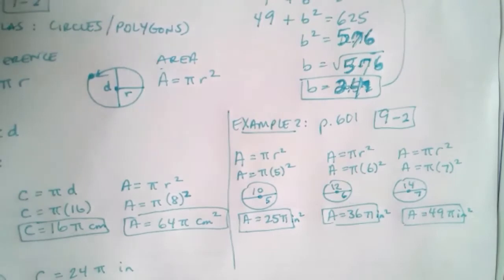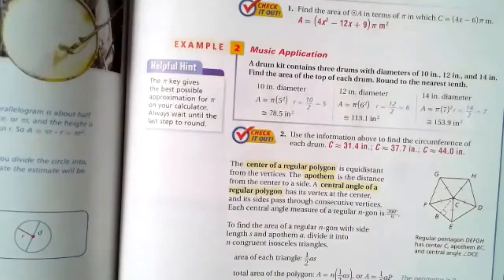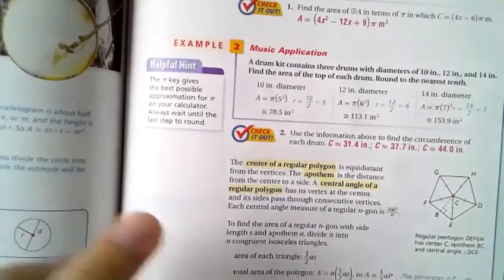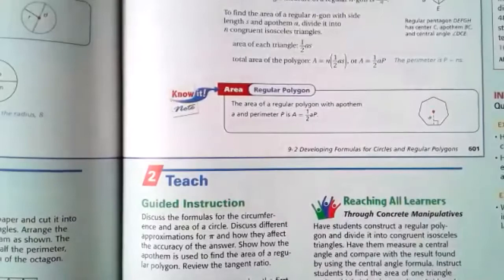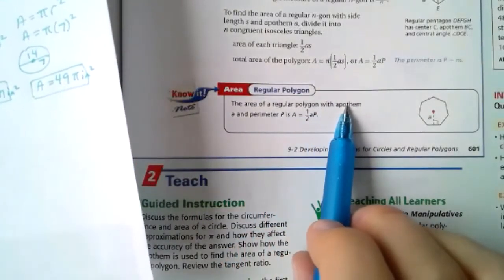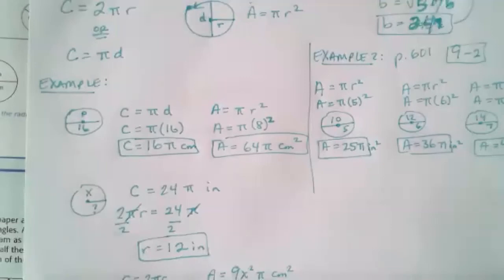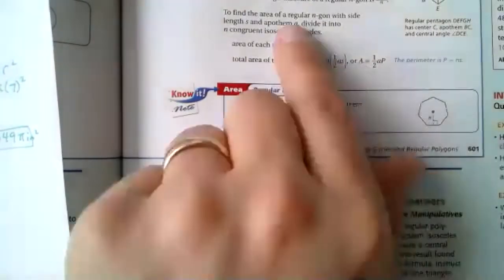So let's look at one last thing before we leave: the area of a regular polygon. This may be the last thing that we cover. The area of a regular polygon has an apothem. Now, how do you pronounce this word, A-P-O-T-H-E-M?